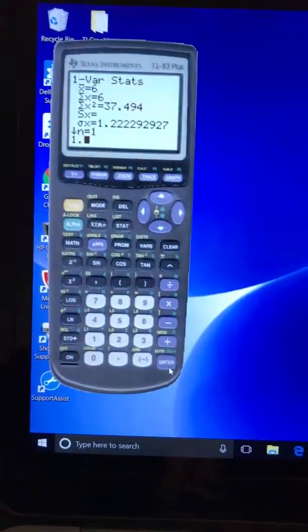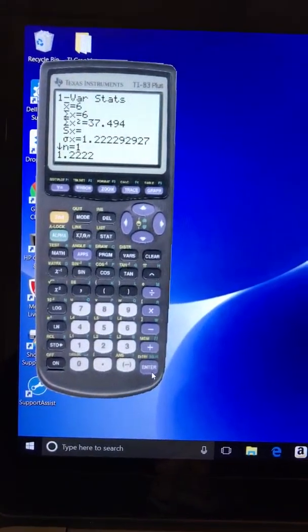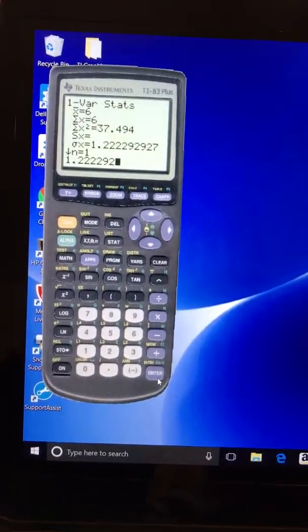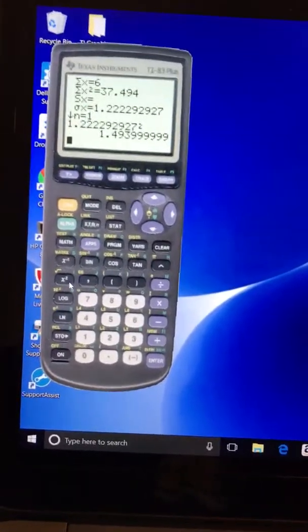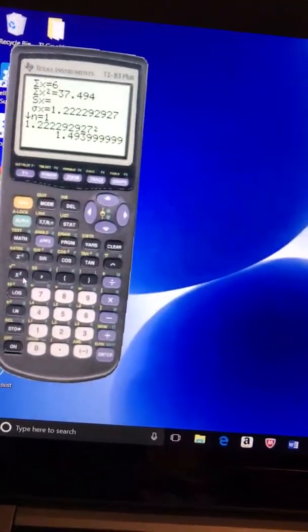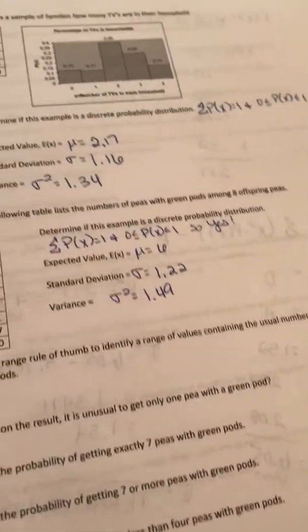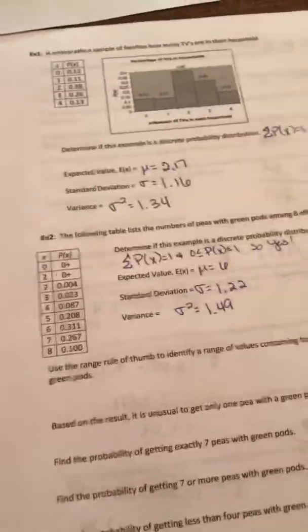To get the variance, again, don't round, type it out, 1.222292927, and hit squared. So that's 1.49. So there's your expected value or your mean, standard deviation, and variance using the calculator.